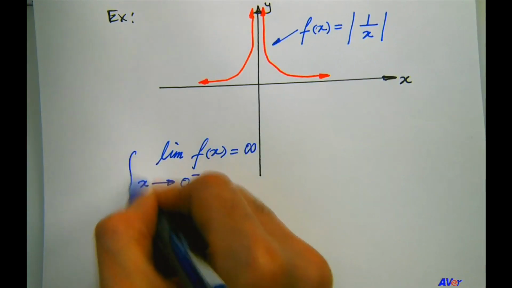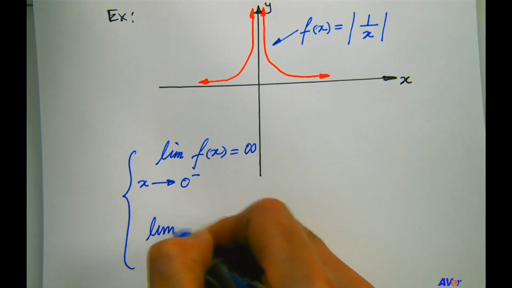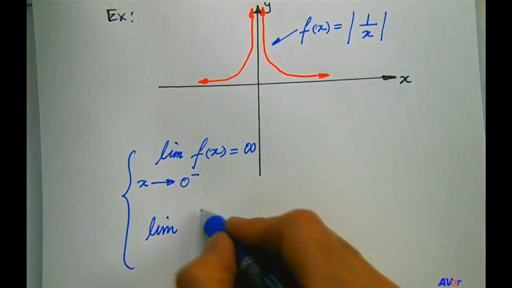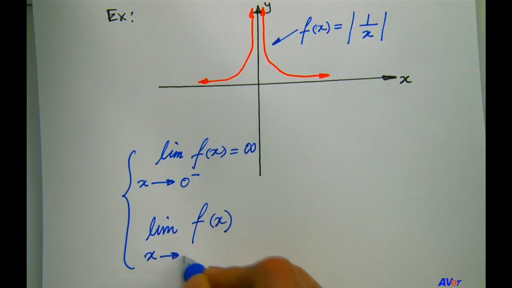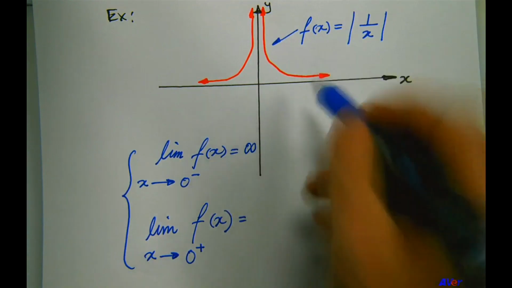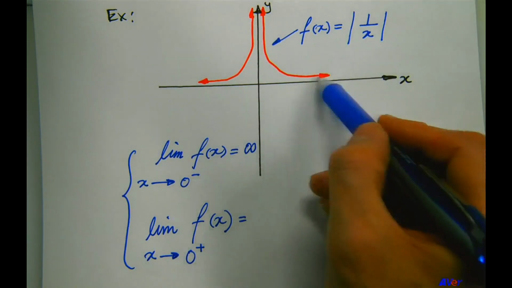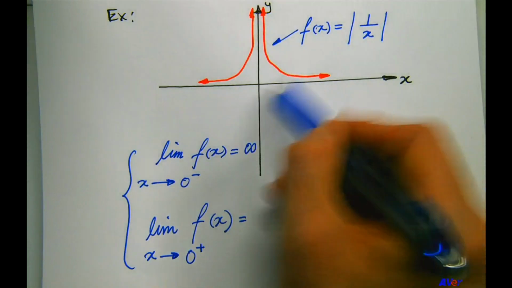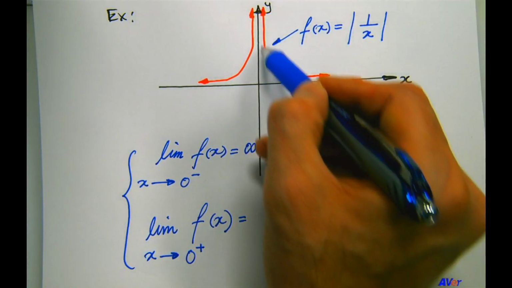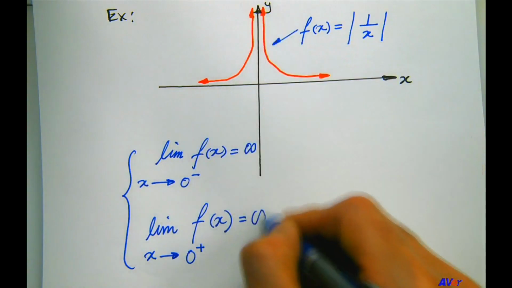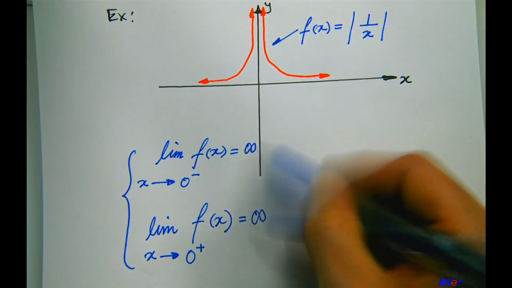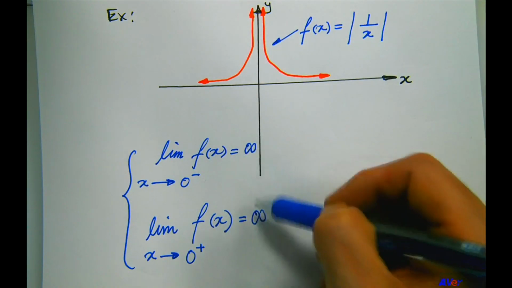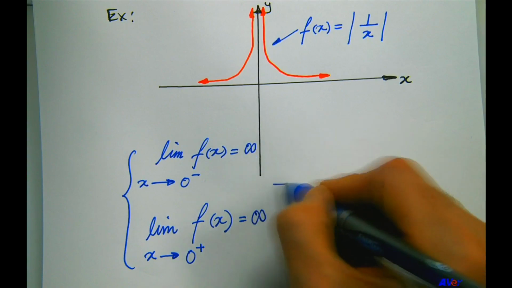Okay, so the limit of the function f of x as x approaches 0 from the right, what is it equal to? As x values along this graph approach 0, what happens to the function? It goes to positive infinity again. Okay, it's the same value, right? Infinity. But in the case of infinity, the limit does not exist.